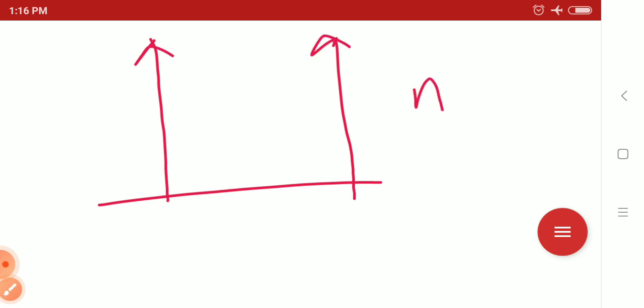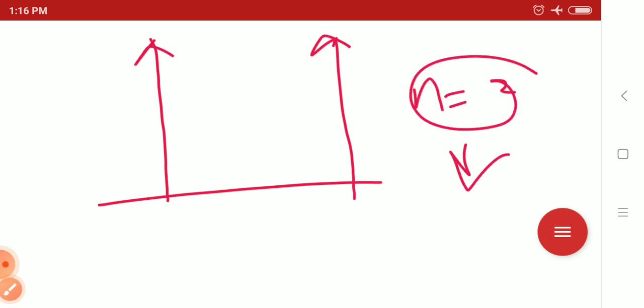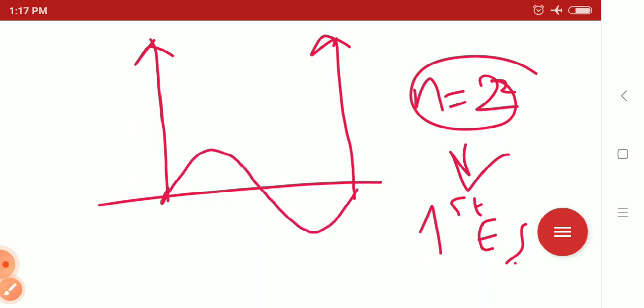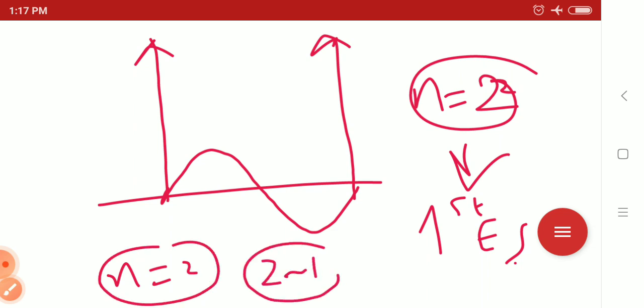If you are drawing n equals 2, the first excited state of the infinite square potential, how will the graph be? There will be one node, since n equals 2 means n minus 1, 2 minus 1, which is 1 node. Here one node is here. This is the graph of the first excited state wave function of the 1D infinite square potential.